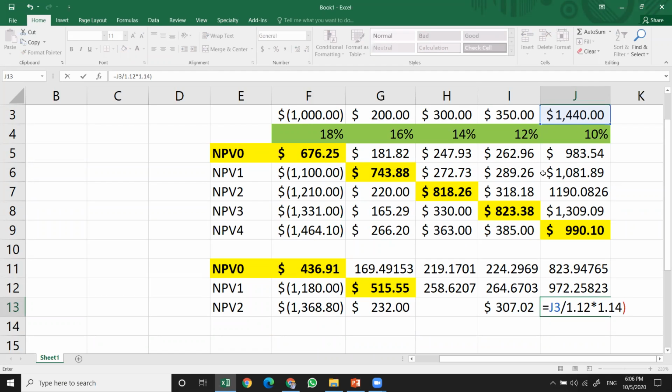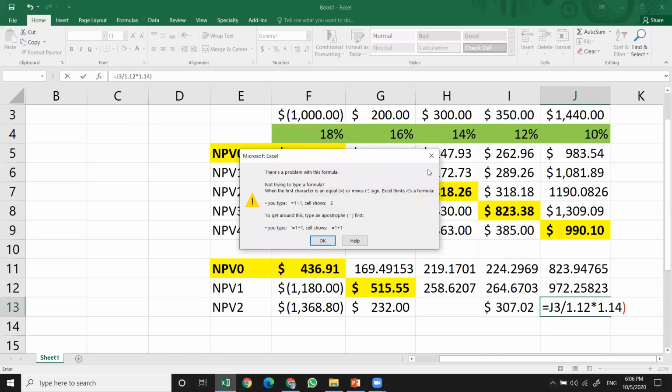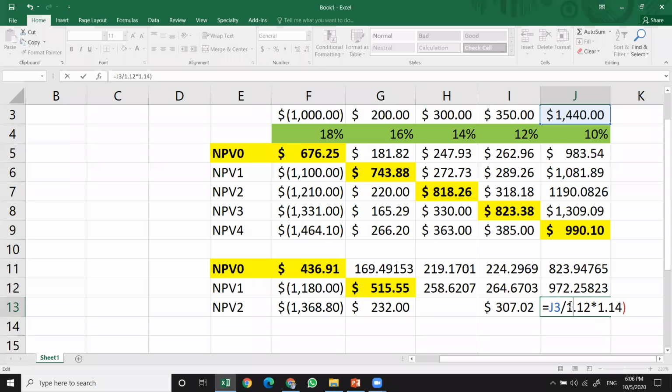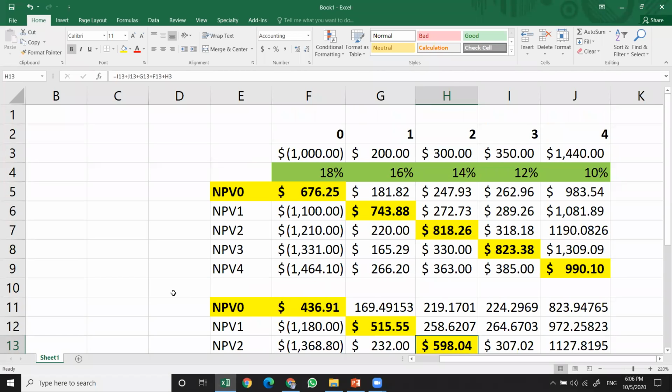But I should take it into brackets just in case. And we sum it up. Let me check it. Yeah, it's correct. So this is the way we calculate NPV.